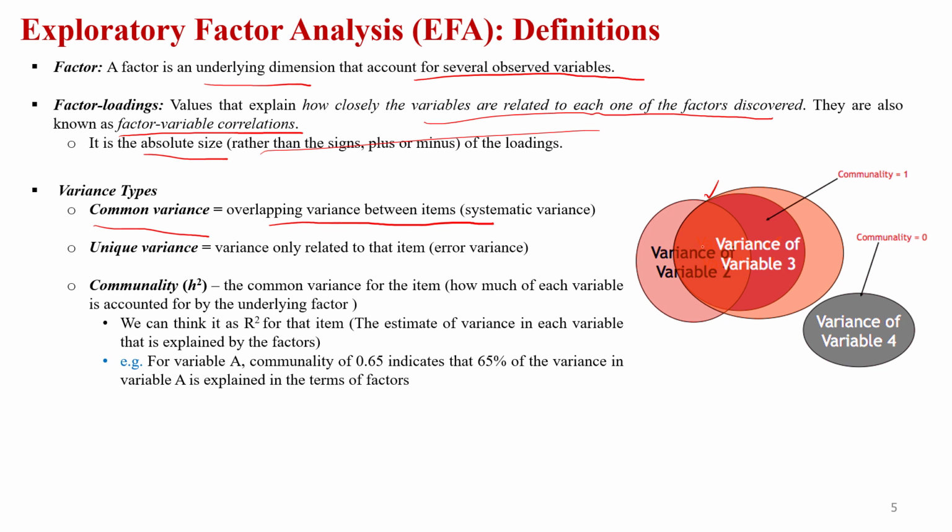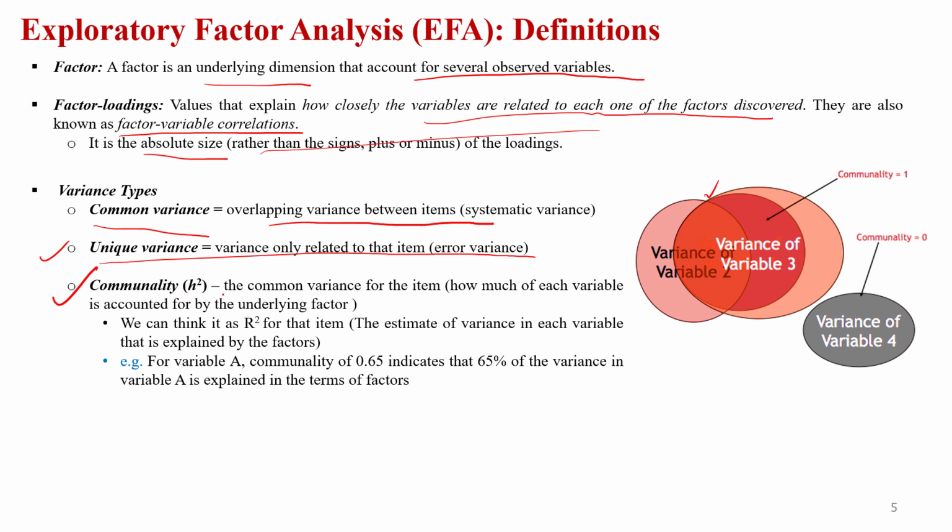We are most interested in the overlapping variance, and then every item has a unique error variance as well, that is purely related to that particular item. Out of that, we are mainly interested in the common variance.